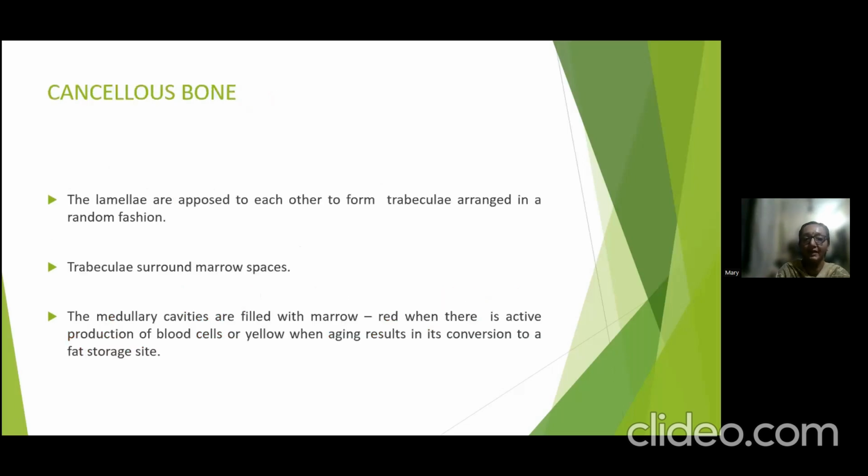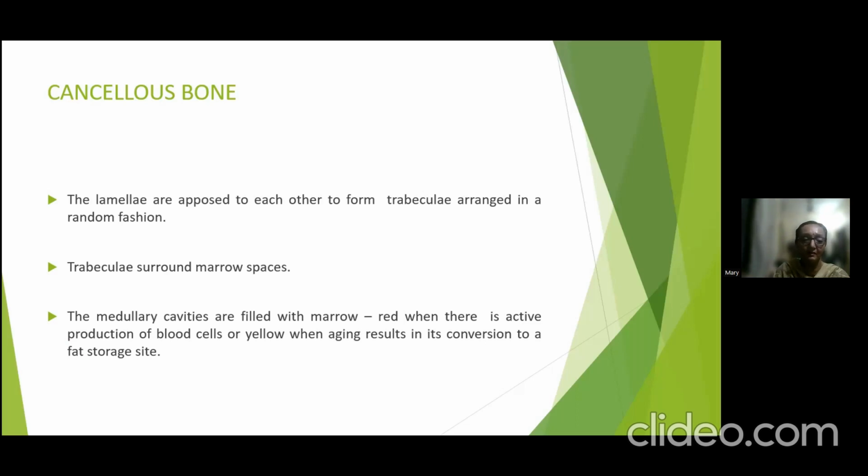Now coming to the cancellous bone. Here the cancellous bone consists mainly of bone lamellae, which are arranged to form trabeculae, and they usually arrange in a random fashion, and these trabeculae usually surround narrow spaces. As the name suggests, the bone contains numerous hollow spaces, that is marrow spaces, and these medullary cavities are usually filled with marrow.